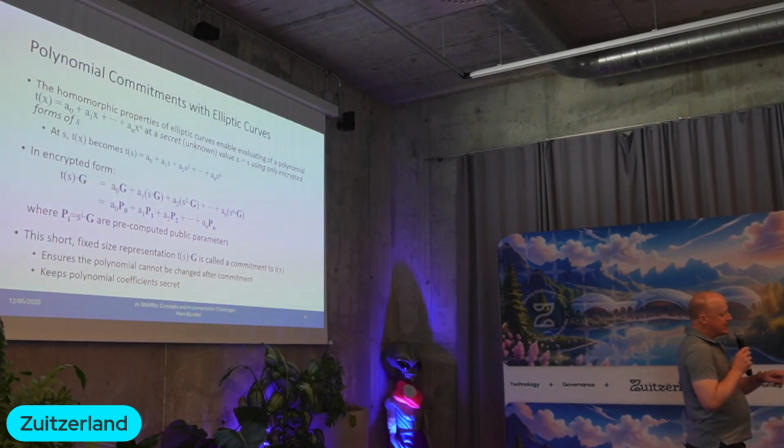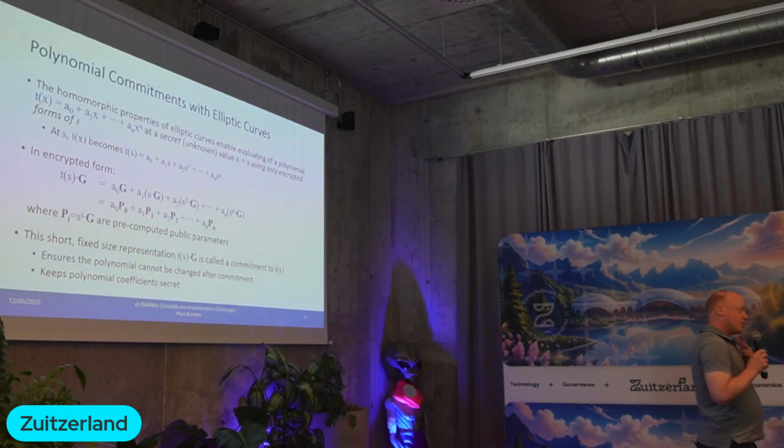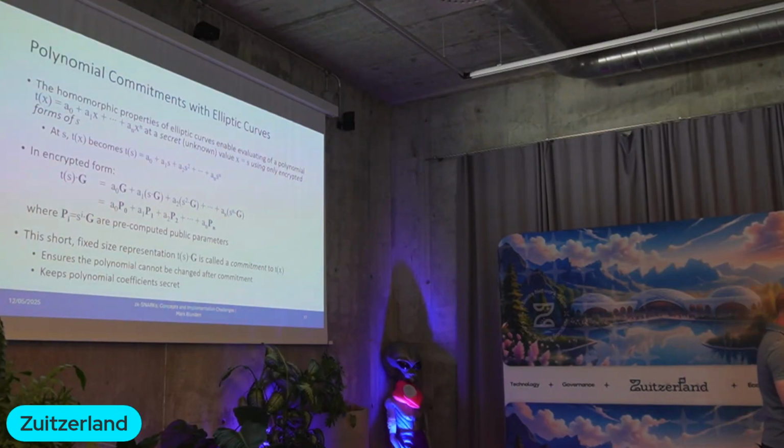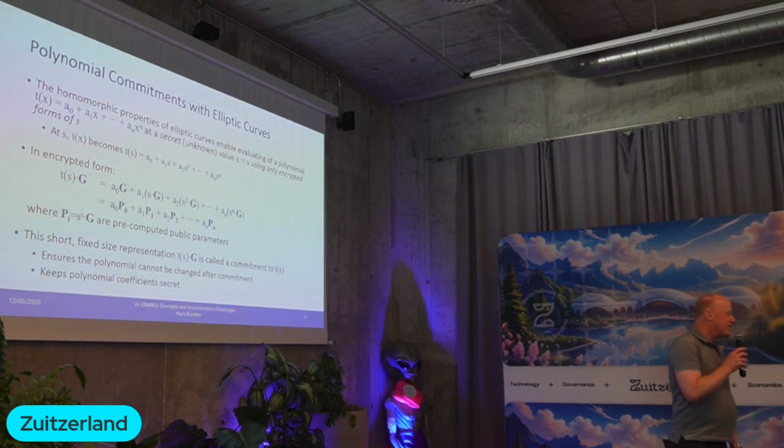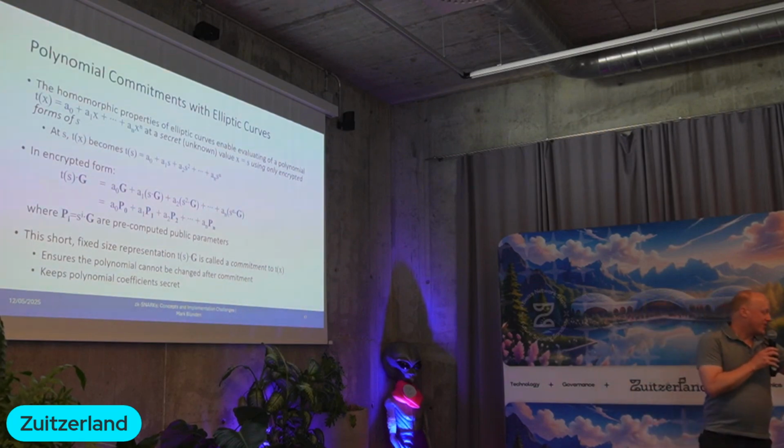We can then use the homomorphic properties we were just talking about to put that into encrypted form. It becomes a0 times some base point g plus a1 times the encrypted form of s plus a2 times the encrypted form of s squared and so on, which we can then rewrite as coefficient ai times the point Pi, where P is the encrypted form of s.